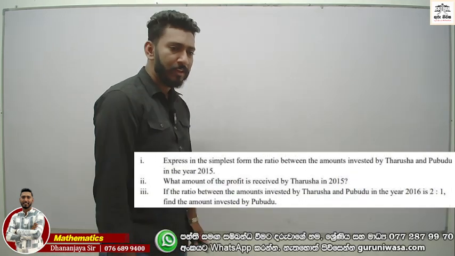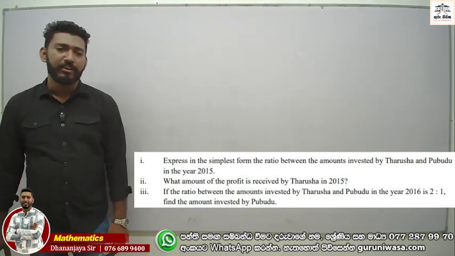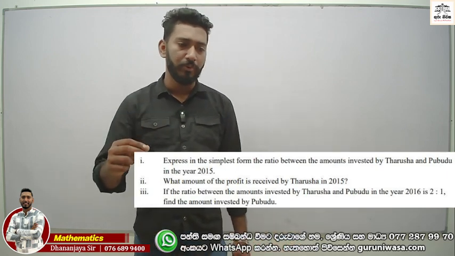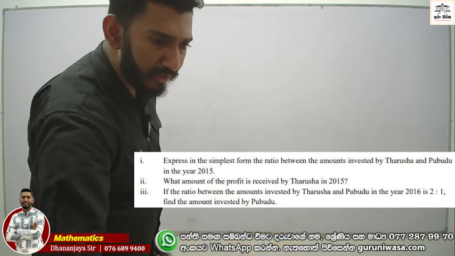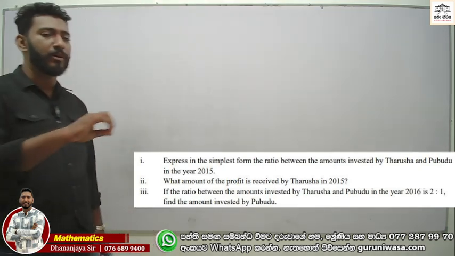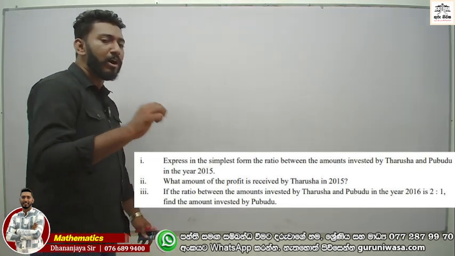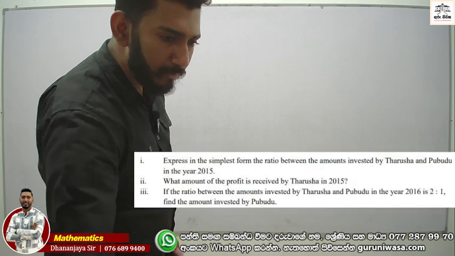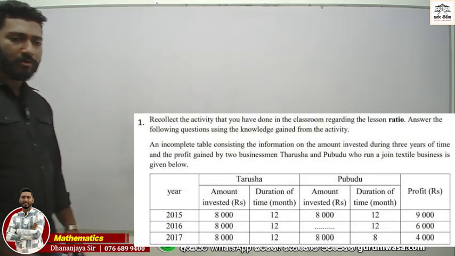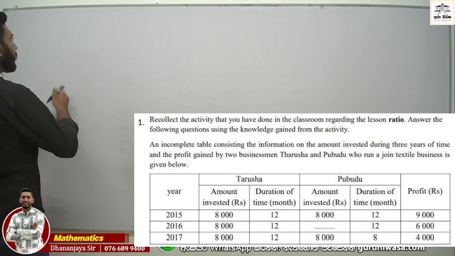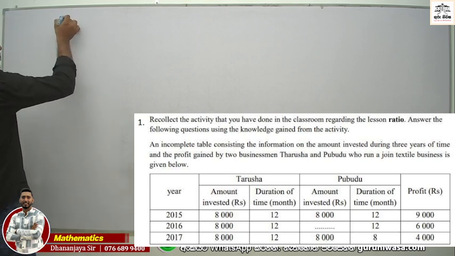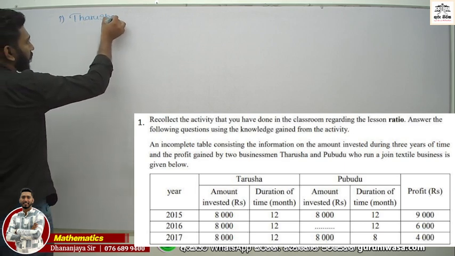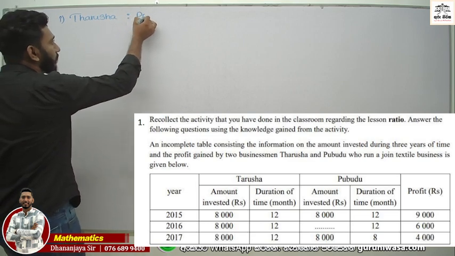Now look at this. Express in the simplest form the ratio between the amounts invested by Tarusha and Pubudu in the year 2015. Follow 2015, Tarusha and Pubudu. Now look at this. First one Tarusha, Pubudu.